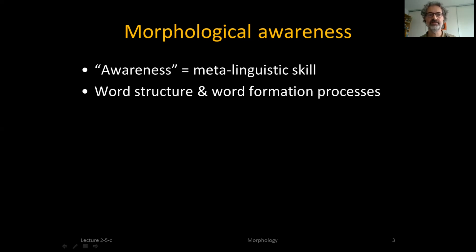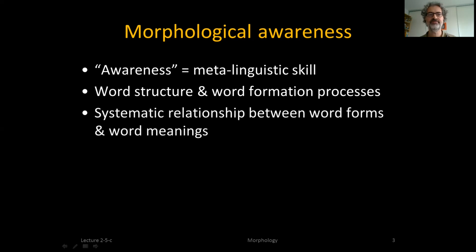And since morphology is about word structure and the processes that form words, then morphological awareness is an explicit understanding of how word parts relate to word meanings, how words are formed, how you can form words, and generally it's about an explicit and conscious understanding of the systematic relationship between word forms and word meanings.